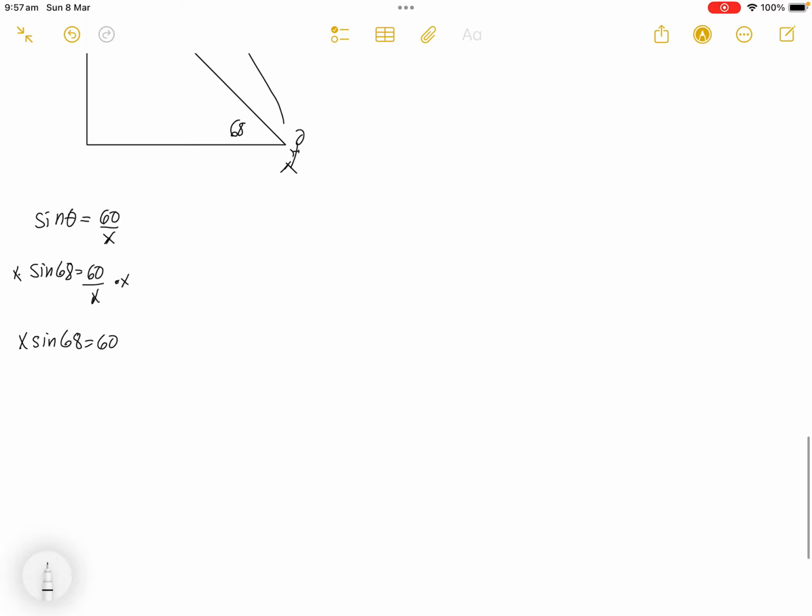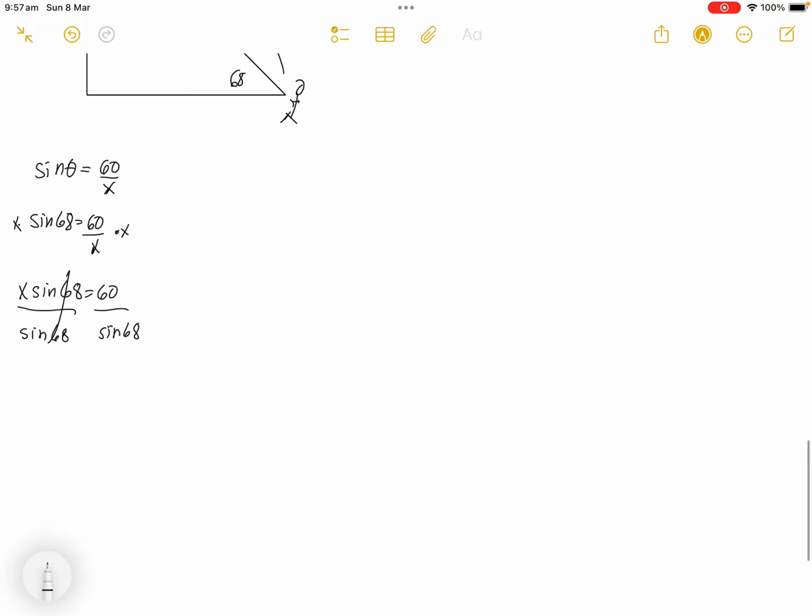To clean this up, we divide both sides by sine of 68, because x is multiplied by sine of 68, and we divide to get rid of it, because multiplication is the opposite of division.